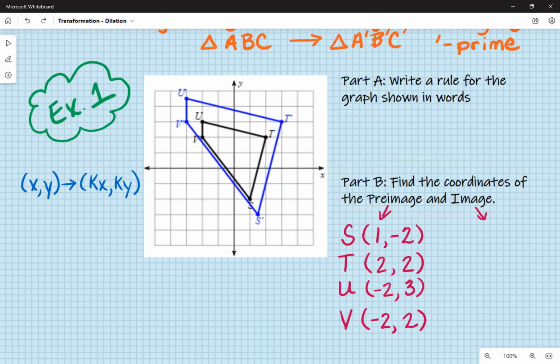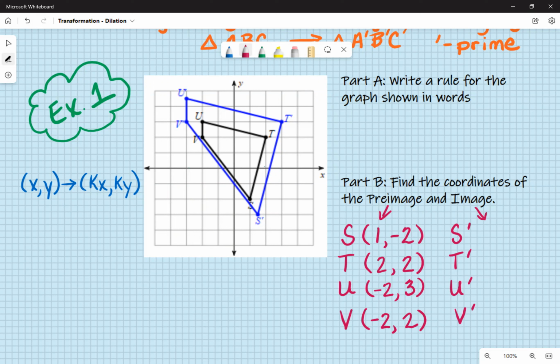So part B asks me to find the coordinates of the pre-image and the image. And as you can see, I've already listed the pre-image, which are the points from the black figure. So what we're going to do is list the image coordinates. That's going to be S prime, T prime, U prime, and V prime.